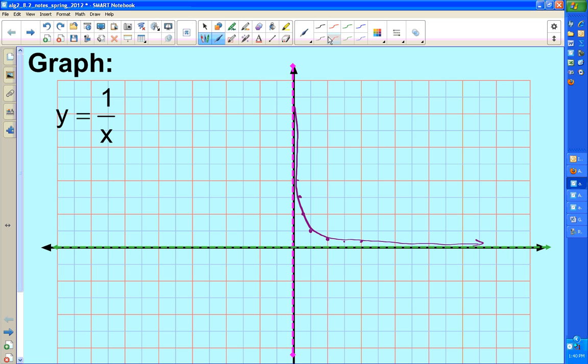Come on, where are the thinkers? 1 divided by 1 is 1. It's going to be like 4.